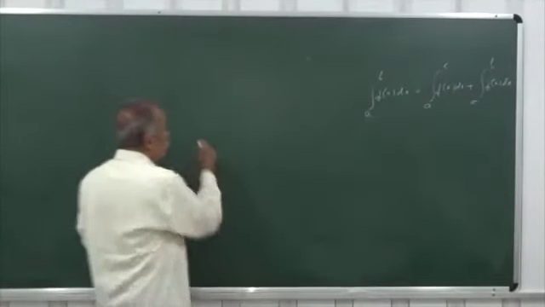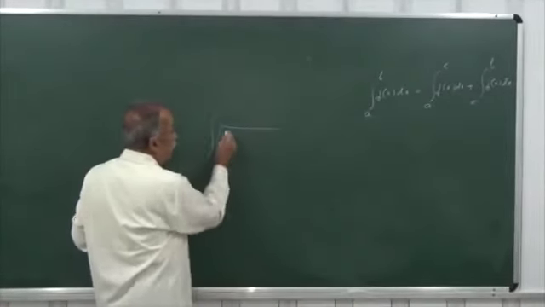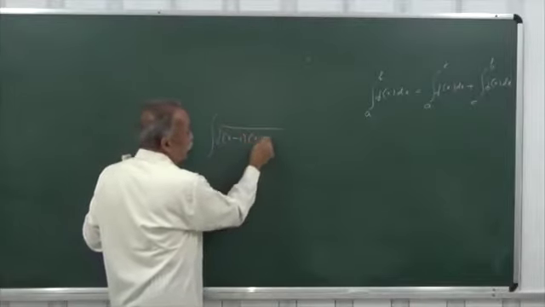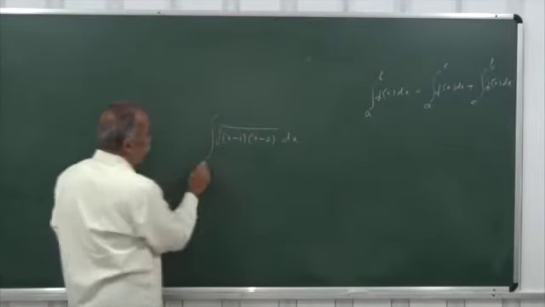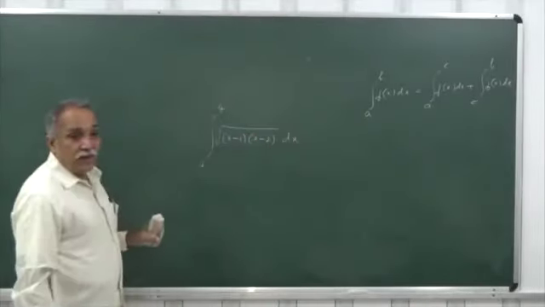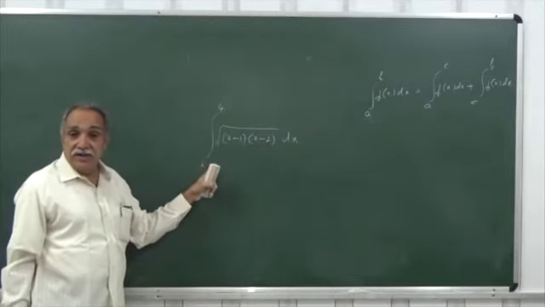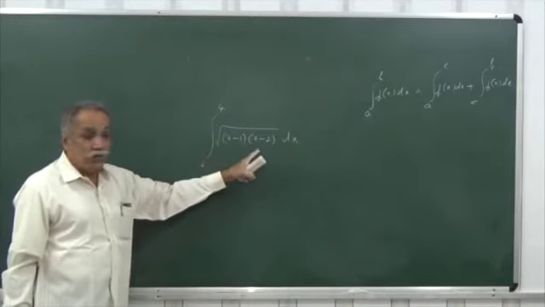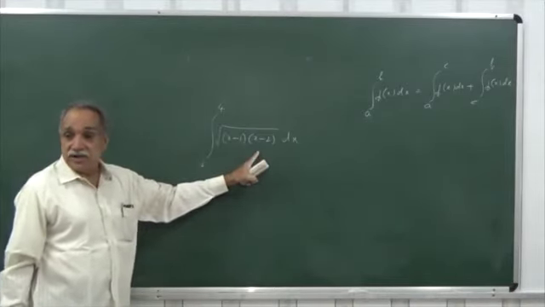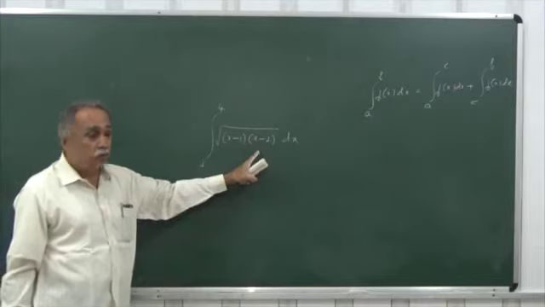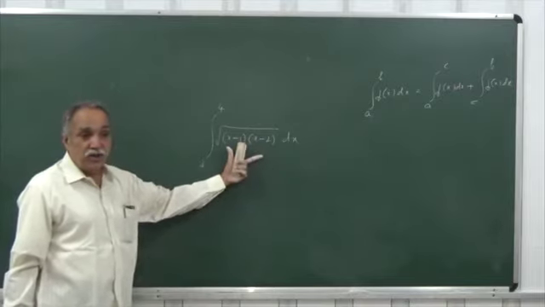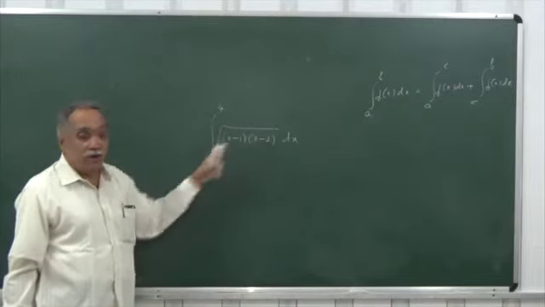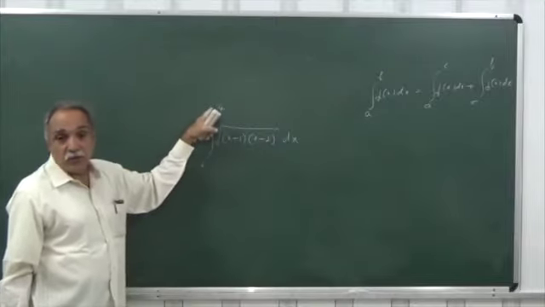For example, suppose you have integral of root of (x minus 1)(x minus 2) dx from 3 to 4. Is this a meaningful integral? Yes. As long as x is outside the interval 1 to 2, the expression will be positive and the square root will be meaningful. Our interval is from 3 to 4, no problem.